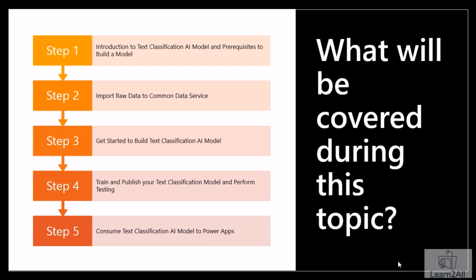Then we will import the raw data to the CDS model, and after that we are going to build the text classification AI model. At last, we are going to train and publish our text classification AI model and perform some testing on that. And finally, we will consume that model in Power Apps using Power Automate. So these are the few topics that I am going to cover during this session.